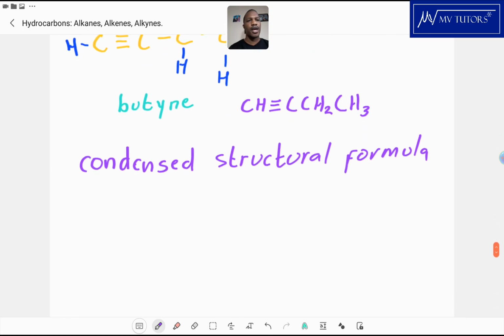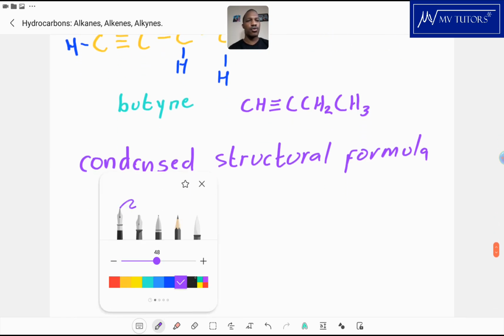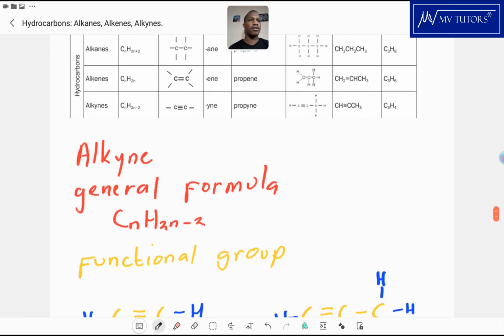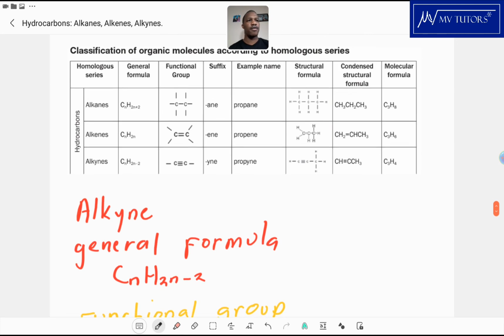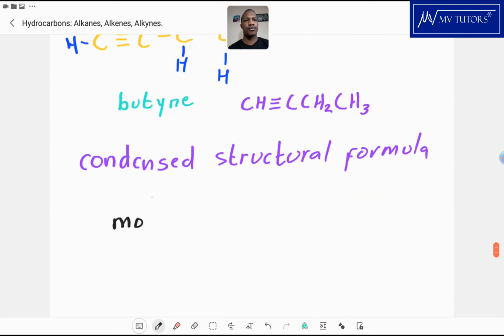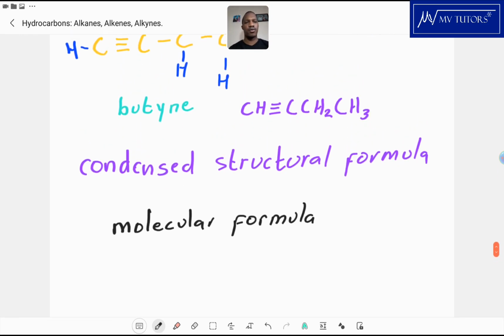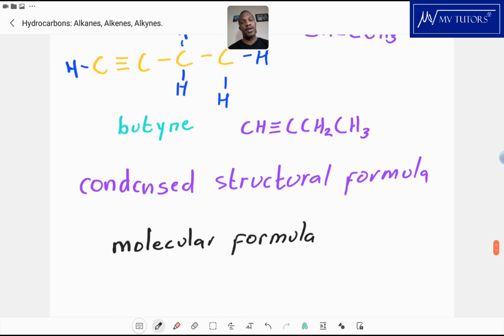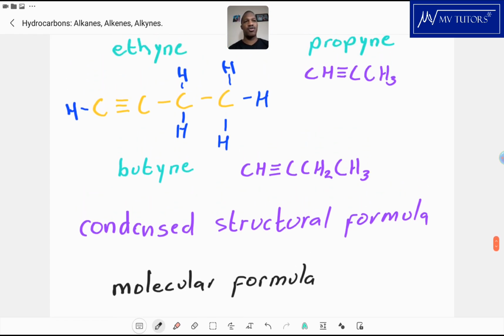Okay, and then let's get down to the last part, which is the molecular formula. There's 2 ways. Let's start with the way you do it based on the structural formula.